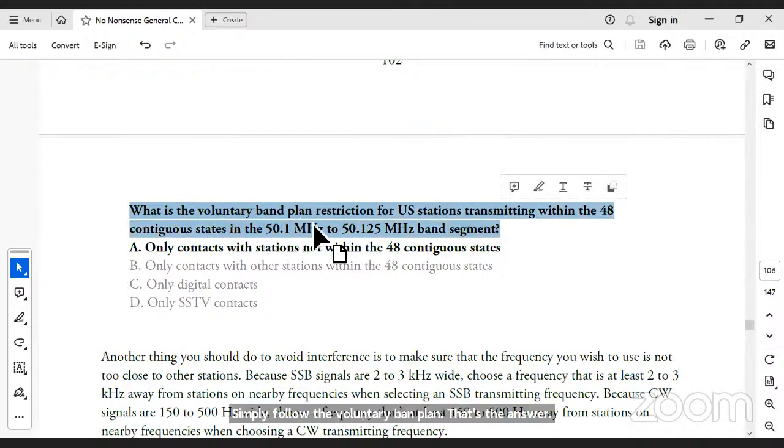What is the voluntary band plan restriction for US stations transmitting within the 48 contiguous states in the 50.1 megahertz to 50.125 megahertz band segment? So we did say for that band segment, you can only do DX contacts, or only contacts with stations that are not within the 48 contiguous states.